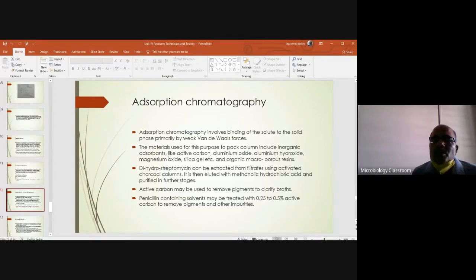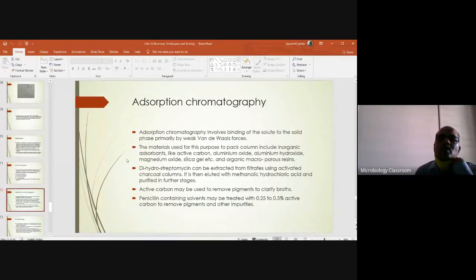The materials used to pack the column include inorganic adsorbents like active carbon, aluminum oxide, aluminum hydroxide, magnesium oxide, silica gel, and organic macroporous resins.